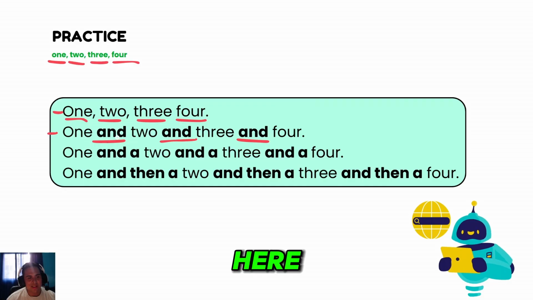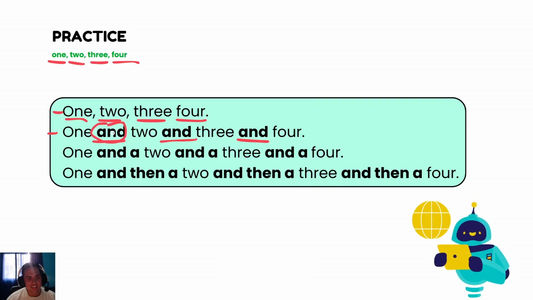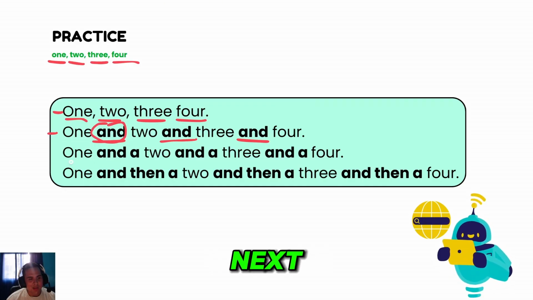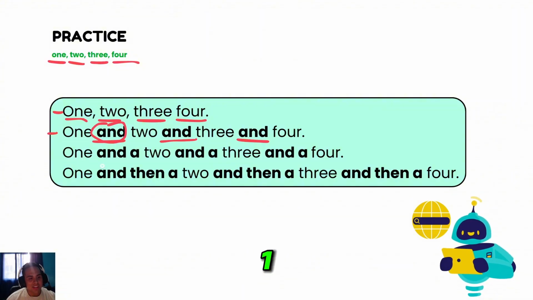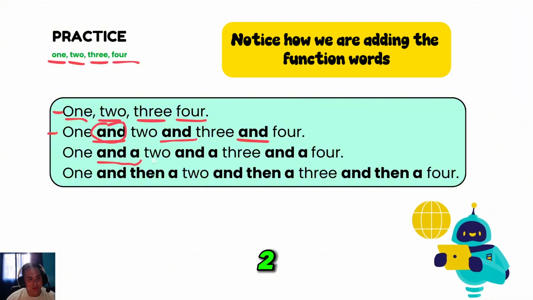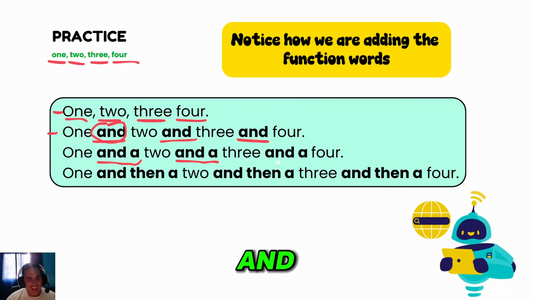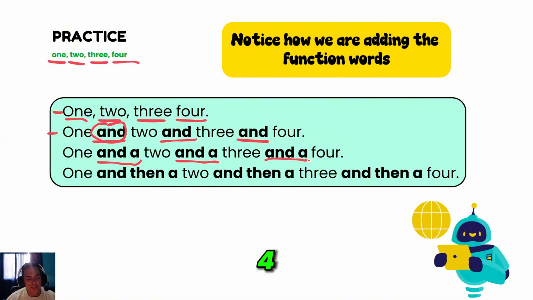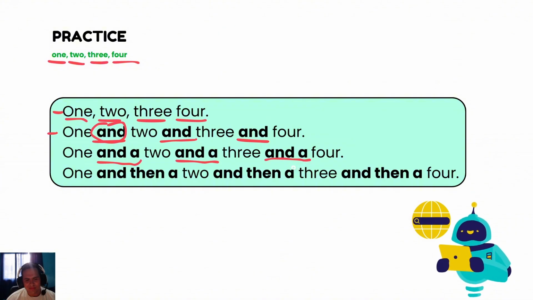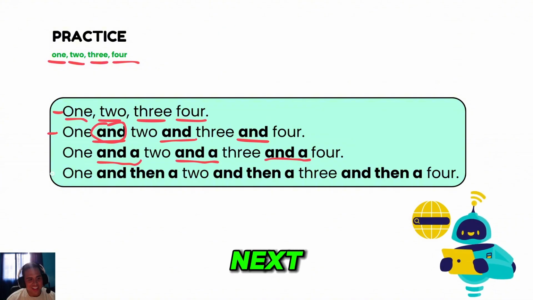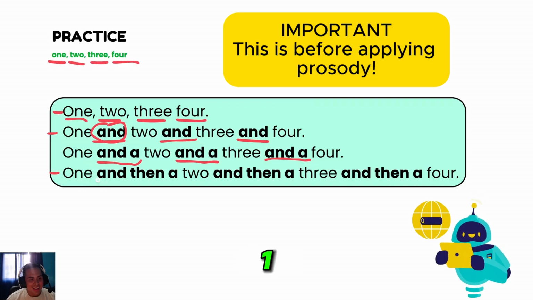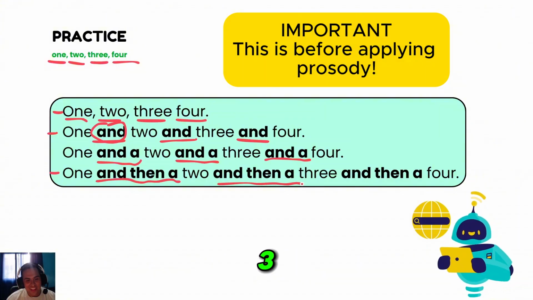As we can see here, we added the "and". But what happened in the next one? We add 1 and a 2 and a 3 and a 4. And then in the next one, 1 and then a 2 and then a 3 and then a 4.